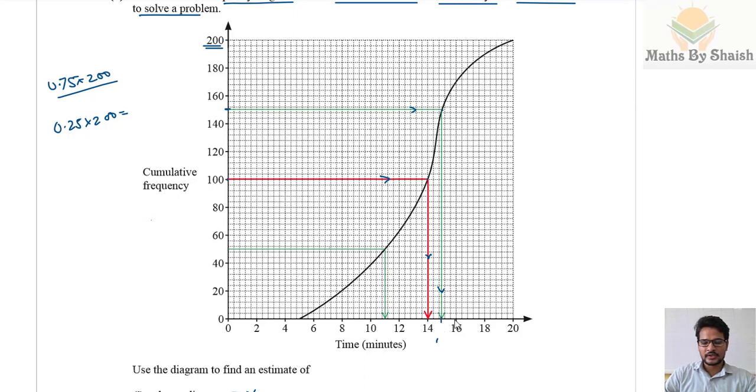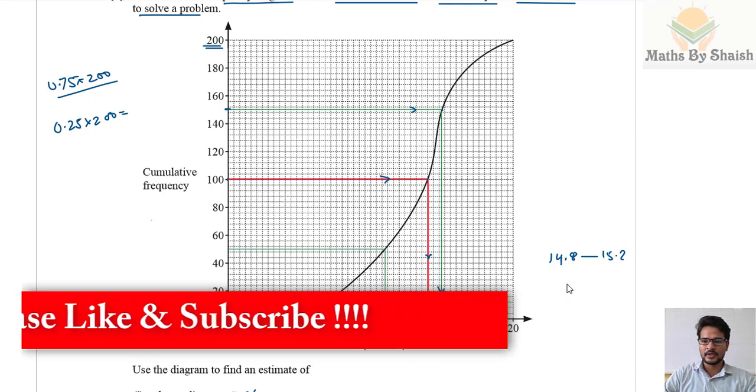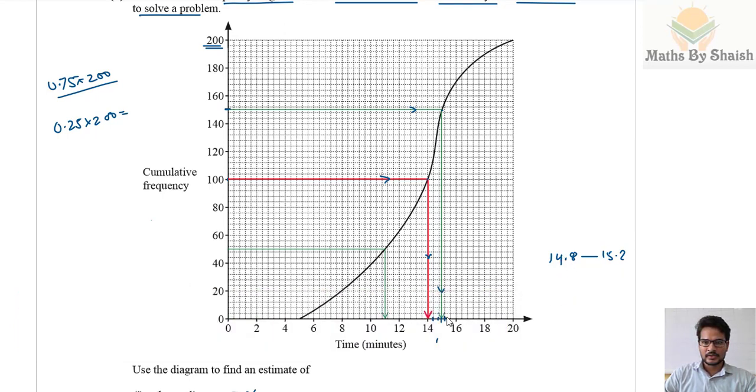Then 14 to 16, there are two divisions, so it is going to be 14.4, 14.8, 15.2, and it means it is lying between 14.8 and 15.2. So we can choose any number. I think it is closer to 14.8, so we can take it as 15.